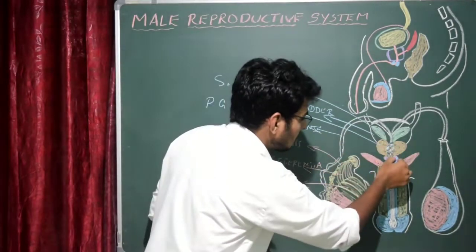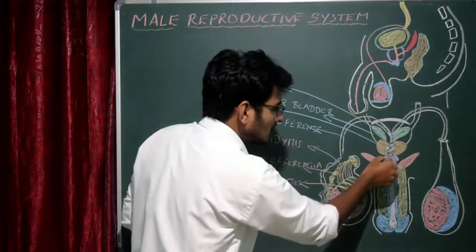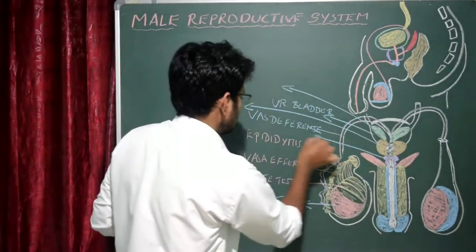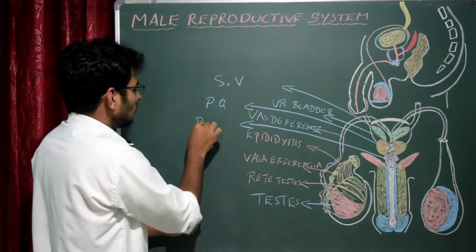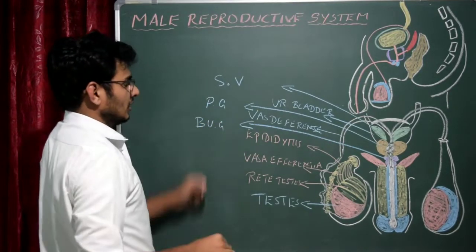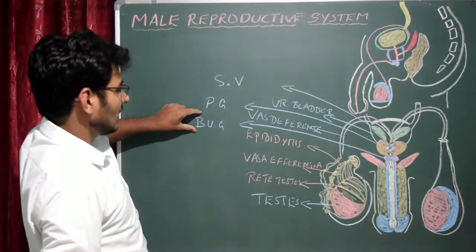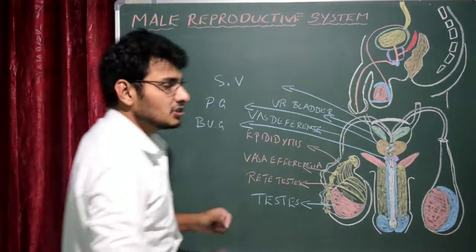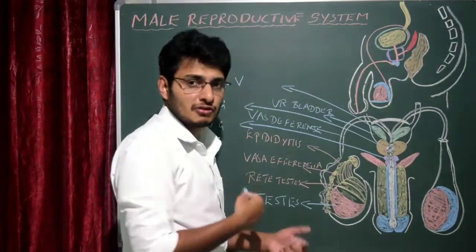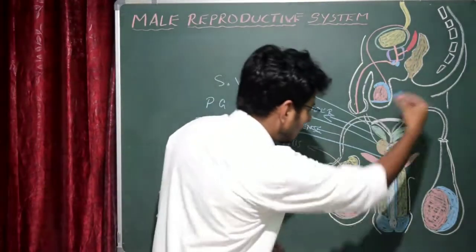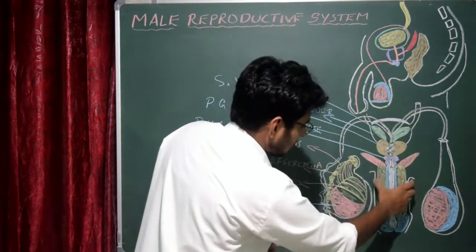Below the prostate gland you see this purple-colored pair of glands. I'll write here, that is the bulbourethral gland. The prostate gland and bulbourethral glands are the accessory glands which release a certain secretion helpful for the insemination process. Then we'll talk about the external genitalia.